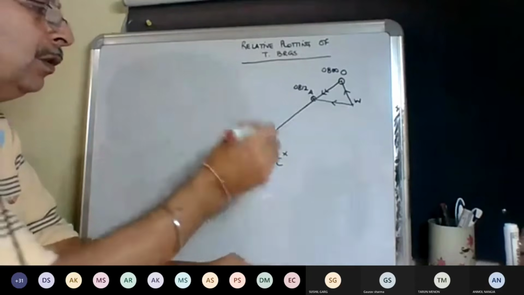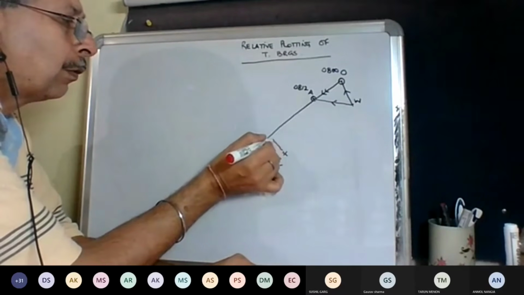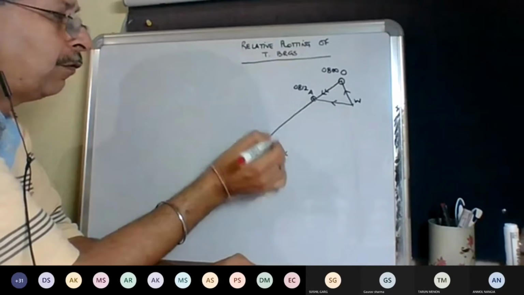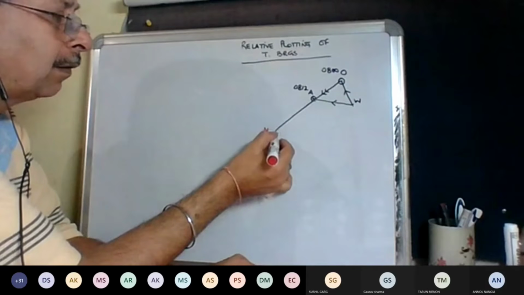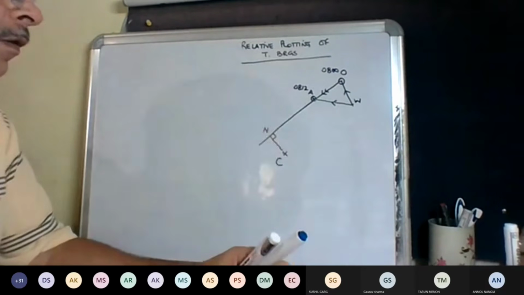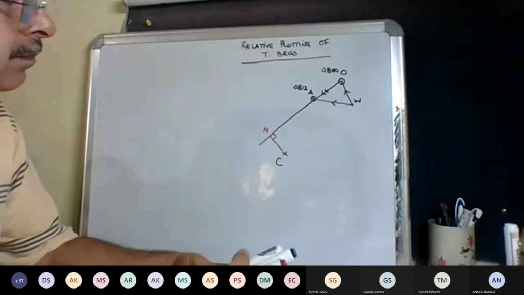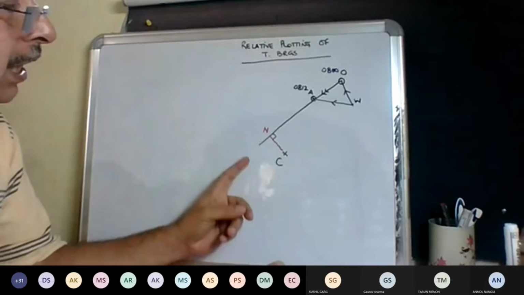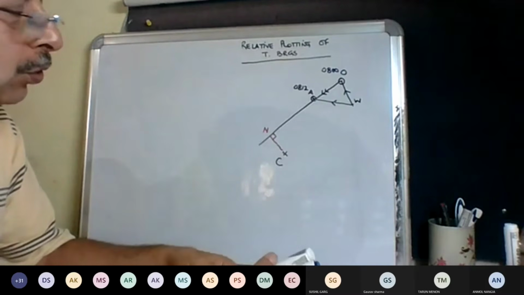So therefore drop a perpendicular from Charlie. Call that point N. So CN is your CPA basically.